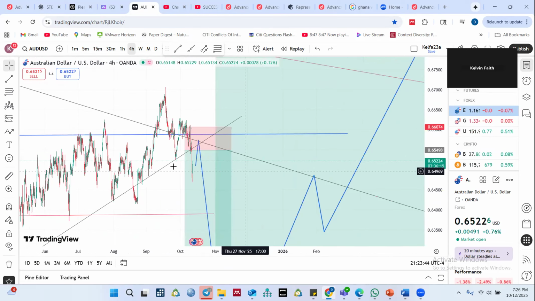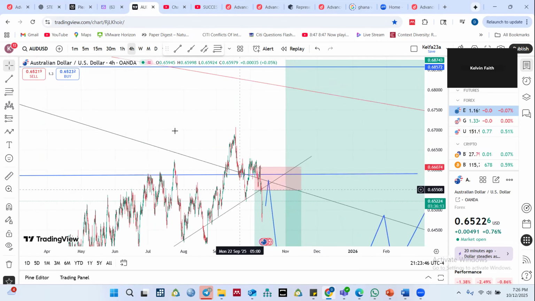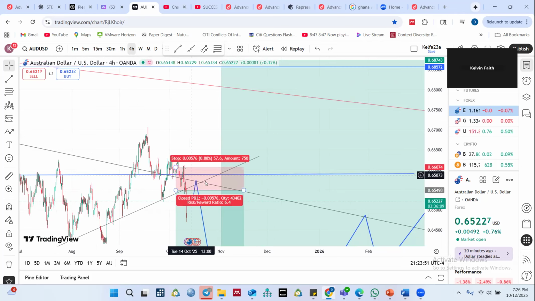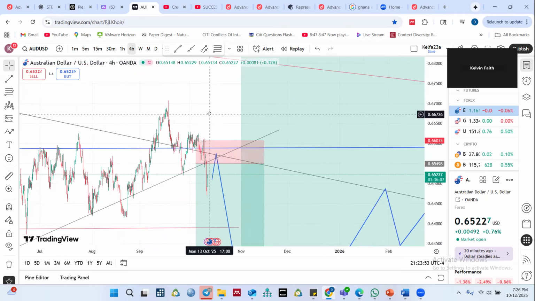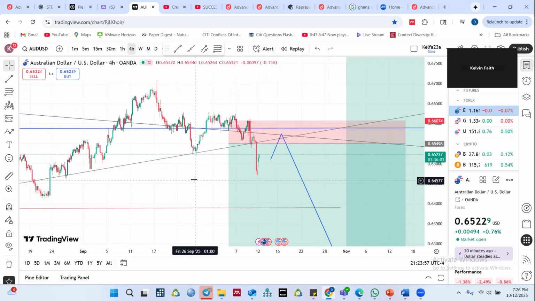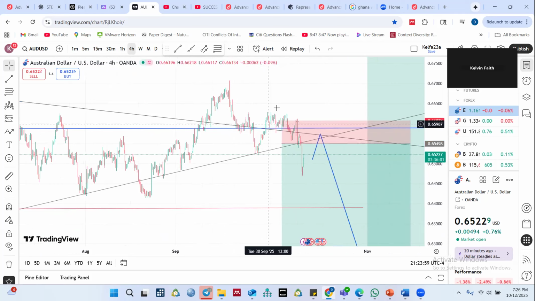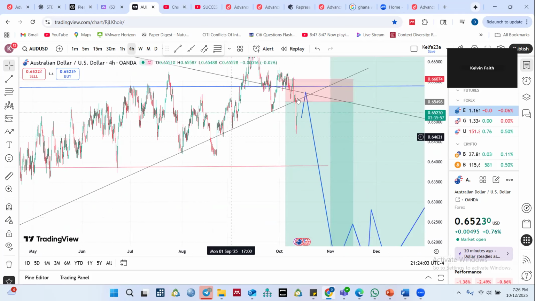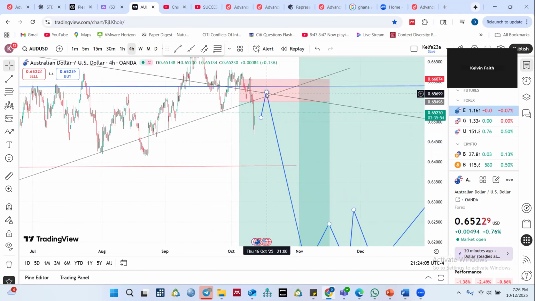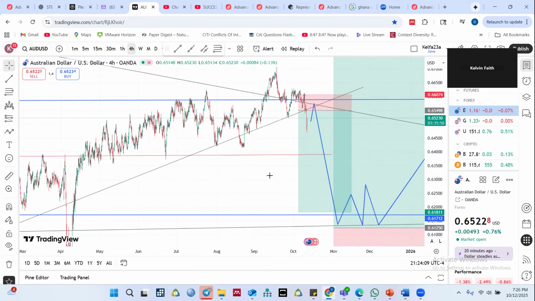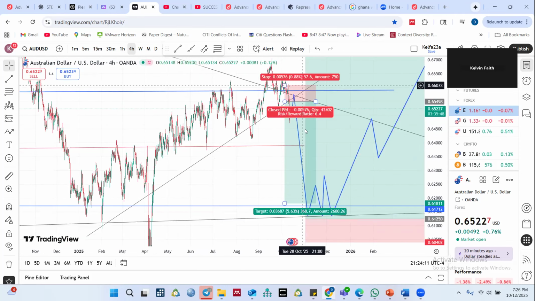But for now, price took out a very big trend line, a strong trend line for me, which was supposed to make price go bullish. But the news from Friday pushed price back into a bearish situation. So we are likely to get a pullback, a retest up here, and then a pullback this week.